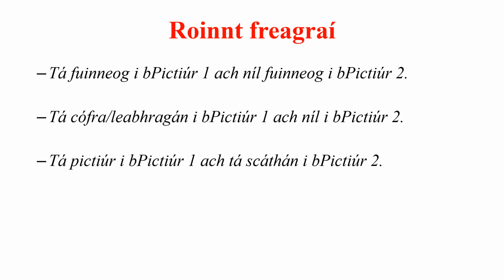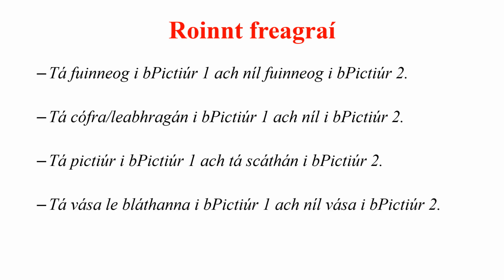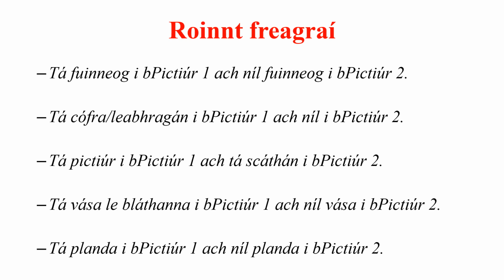There's a picture in picture 1, but there's a mirror in picture 2. Tá vása le bláthanna i bpictiúr a haon, ach níl vása i bpictiúr a dó. There's a vase with flowers in picture 1, but there isn't a vase in picture 2. Tá planda i bpictiúr a haon, ach níl planda i bpictiúr a dó.